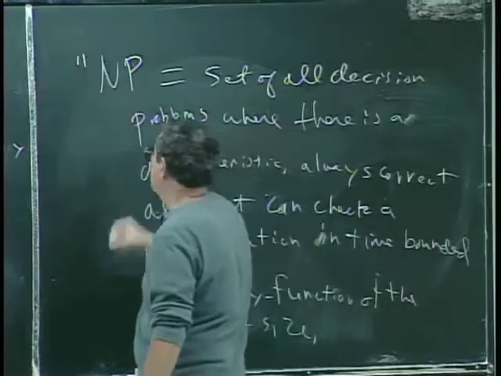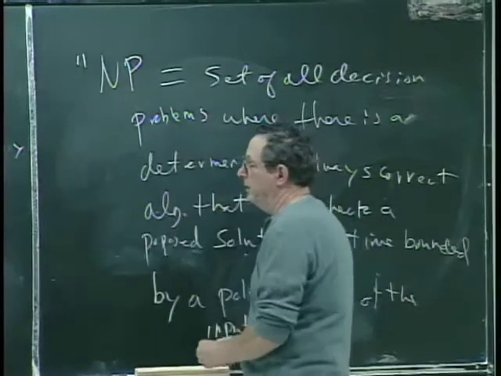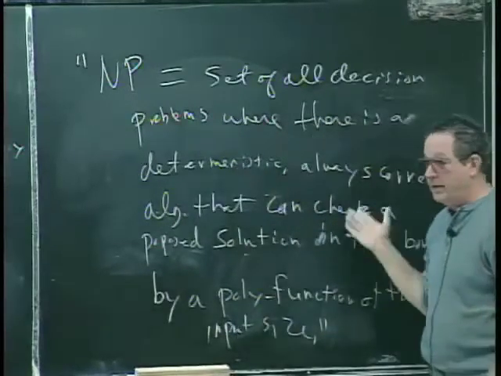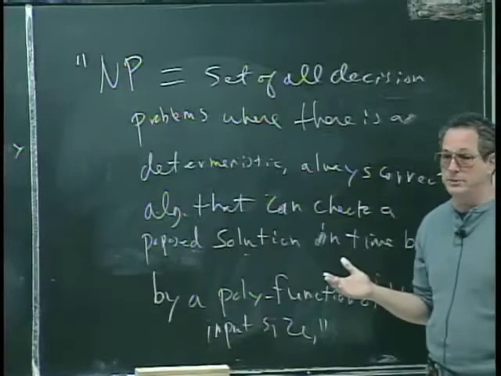Okay. So basically, NP is the set of those problems that have a fast algorithm to check proposed solutions.